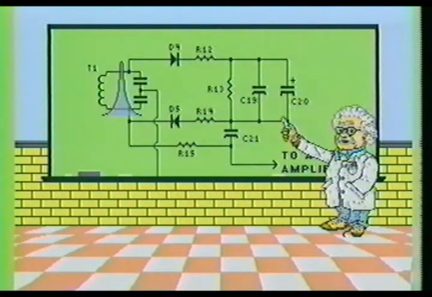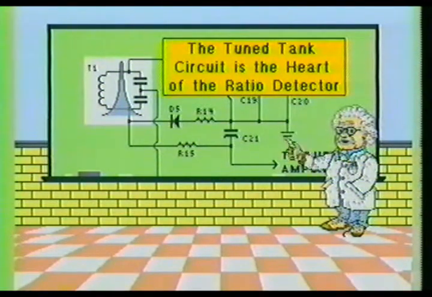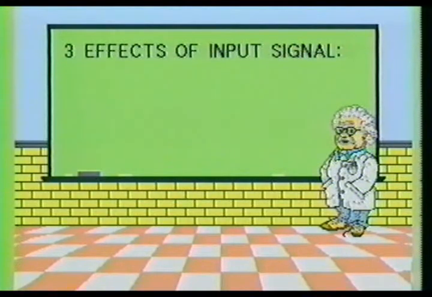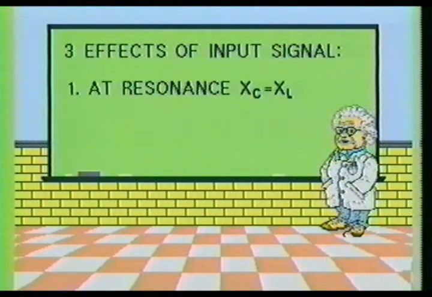The tuned tank circuit is the heart of the FM ratio detector. Without the tuned tank circuit, the ratio detector would not respond properly to the changing input signal. A tuned circuit is affected by the input signal in one of three ways. 1.